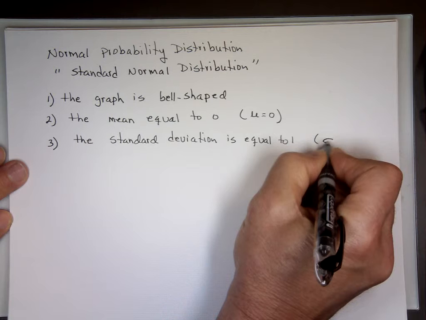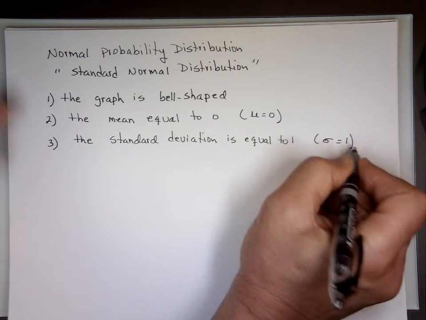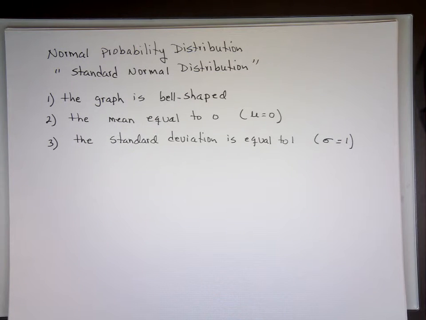So sigma equals 1. So any normal distribution will have the bell shape.